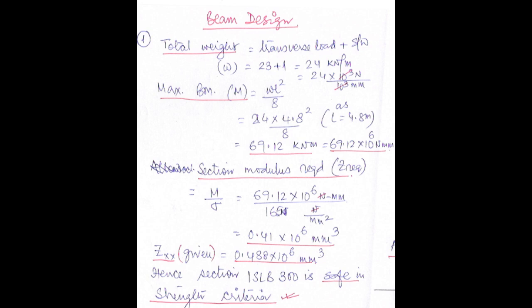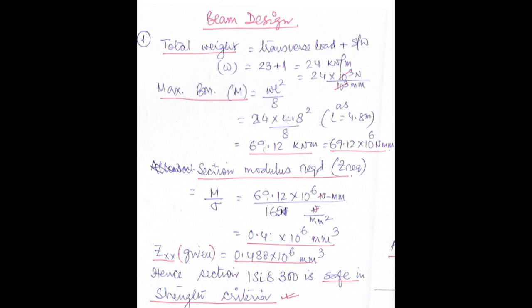Now for this loading, 24 kilonewton per meter, our requirement is only 0.41. What they have provided is 0.48. So what we can conclude? Hence, section ISLB 300 is safe in the strength criteria, because this is the bending stress criteria. So this contributes to the strength criteria of the beam.